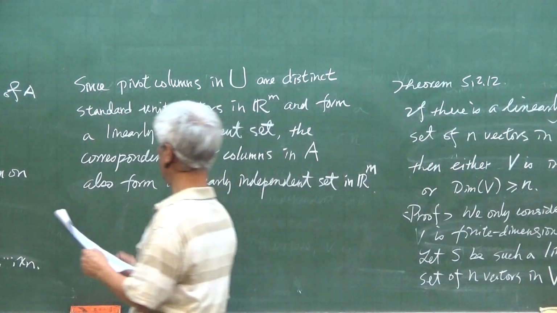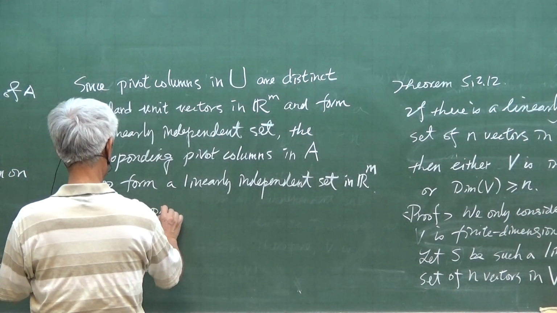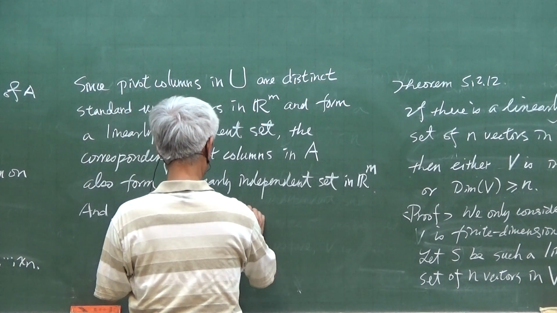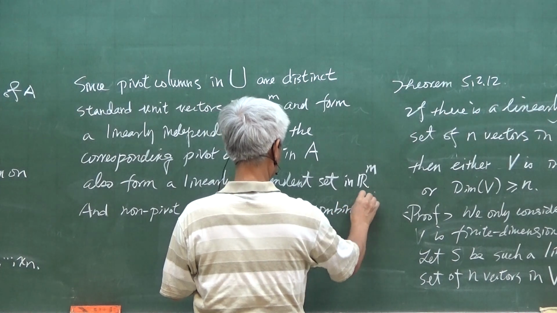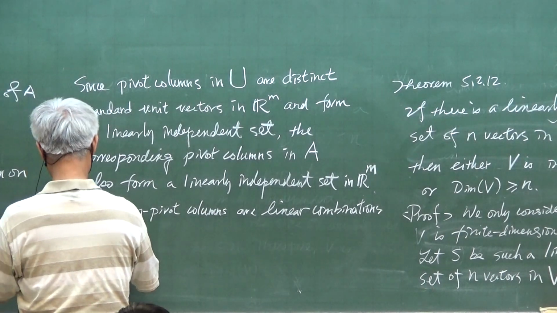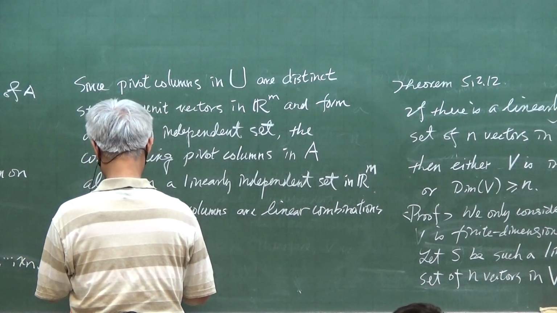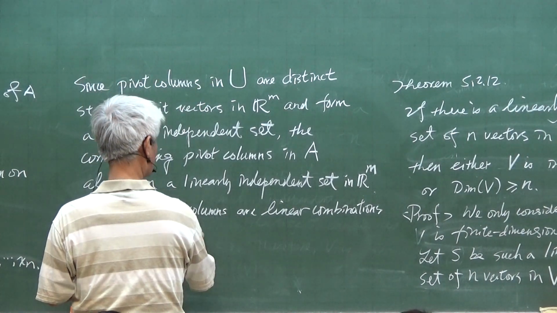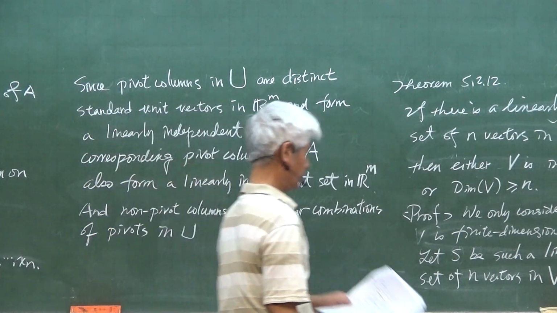Now, non-pivot columns are linear combinations of pivot columns in U. Okay?